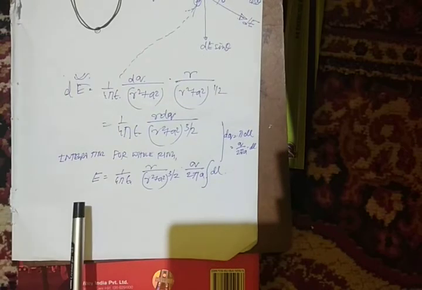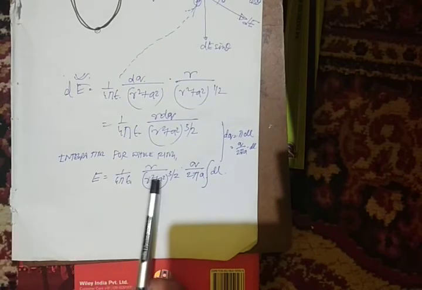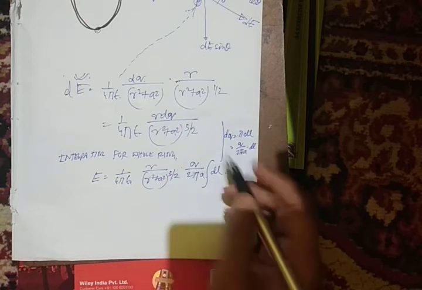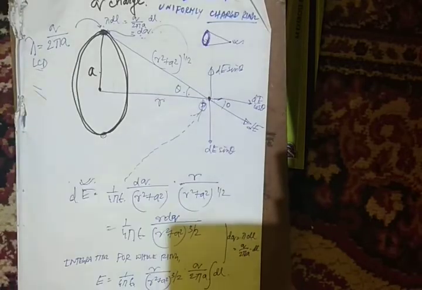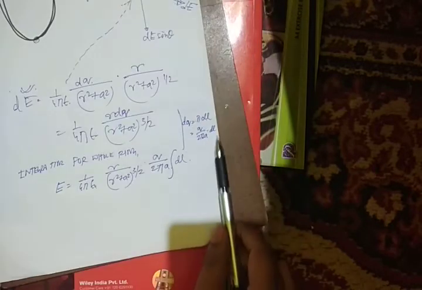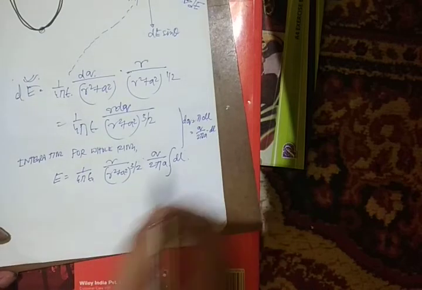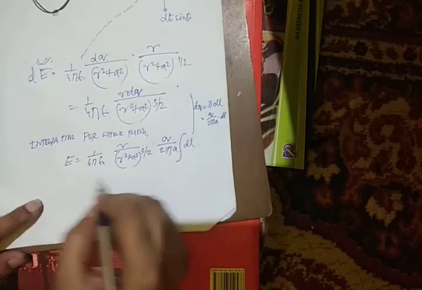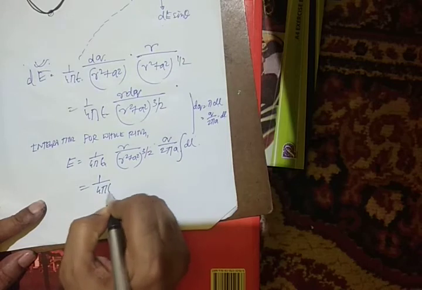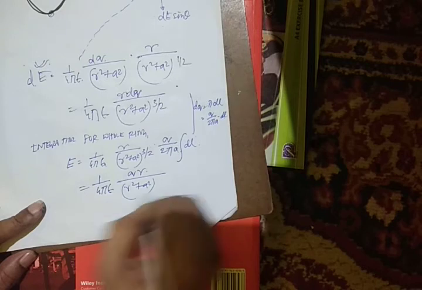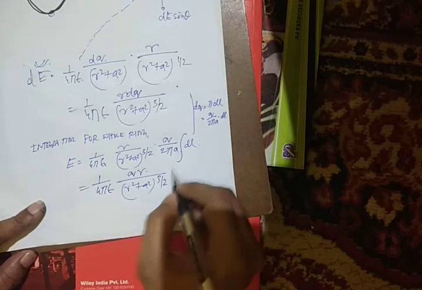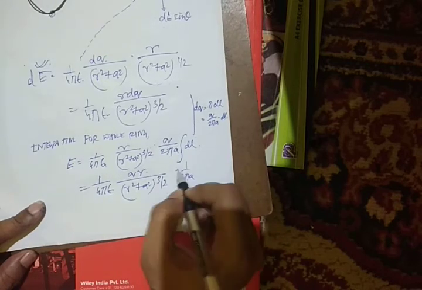So this becomes 1 by 4 pi epsilon naught. See, dq is equal to lambda dl, lambda is equal to q by 2 pi a, into dl. So integrating, we will get 1 by 4 pi epsilon naught q r by r square plus a square 3 by 2, 1 by 2 pi a over there, and integrating the dl for the whole ring.